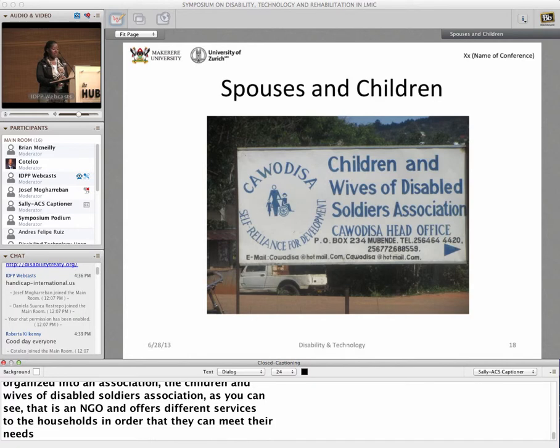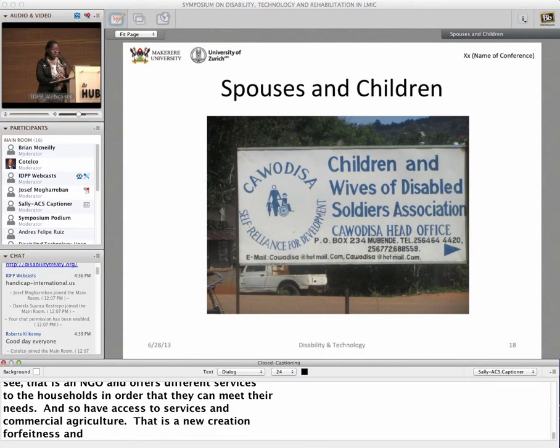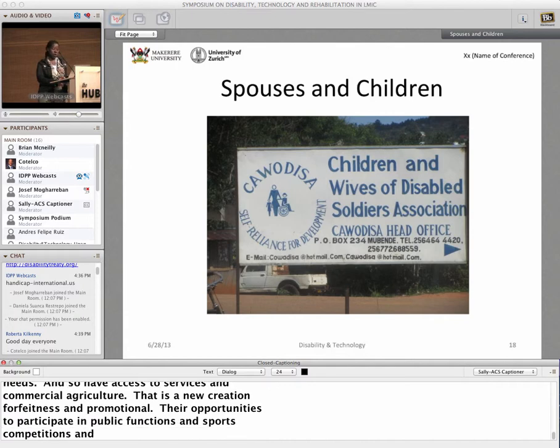And soldiers have access to land for subsistence and commercial agriculture. There is recreation for fitness and promotion of togetherness. There are opportunities to participate in public functions and sports competitions, and there are qualified personnel to handle the assistive devices part and other support staff.